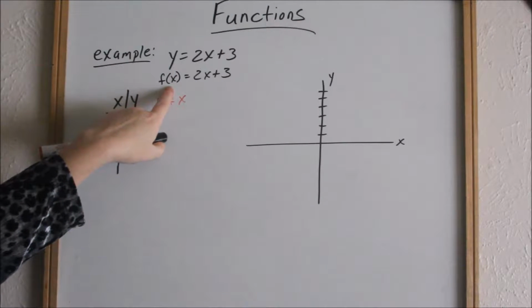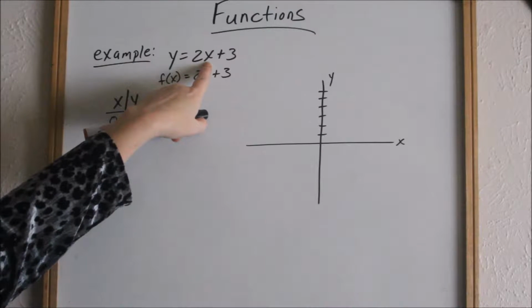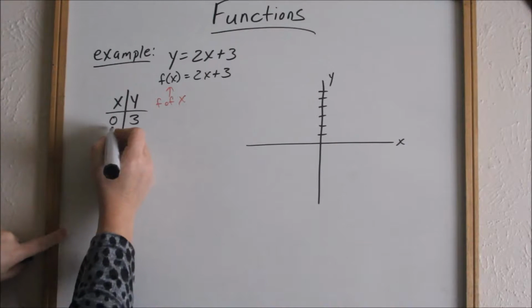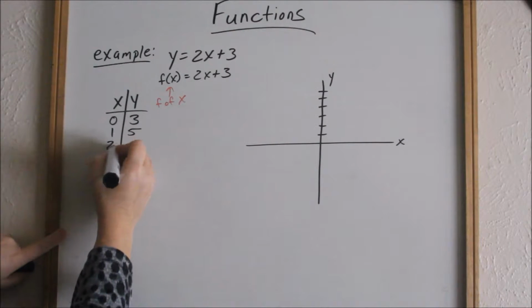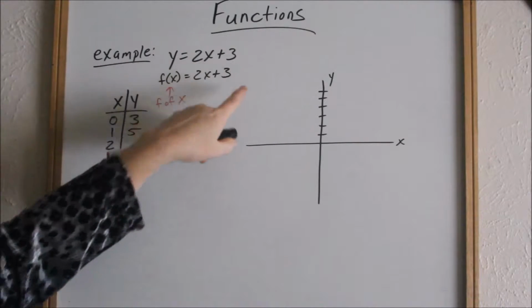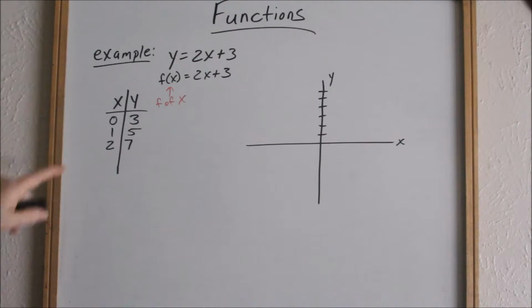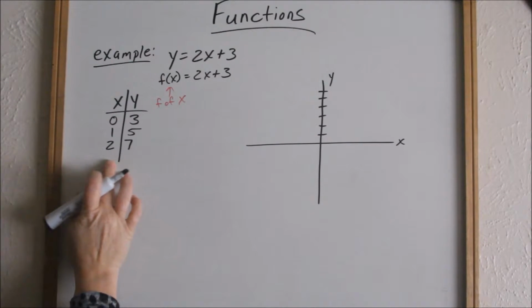Let's say I pick 1 for x. 2 times 1 is 2, plus 3 is 5. So if I pick 1 for x, y will be 5. Let's say I pick 2, putting in 2 for x. 2 times 2 is 4, and 4 plus 3 is 7. You have seen this XY chart before.